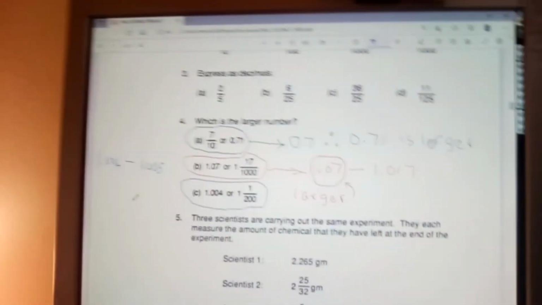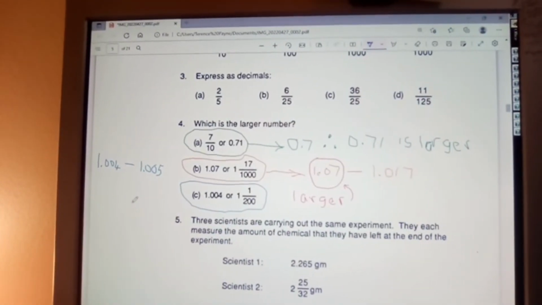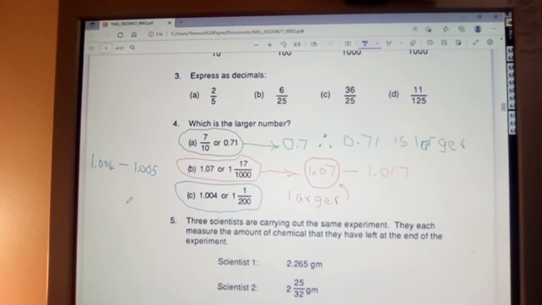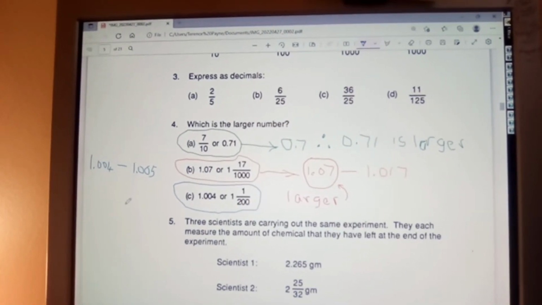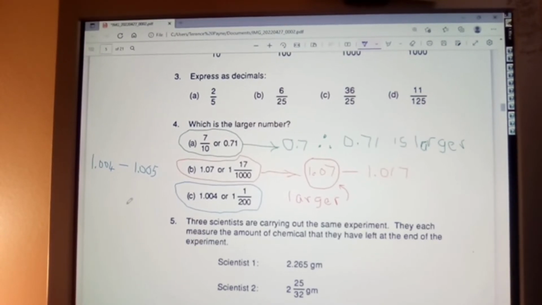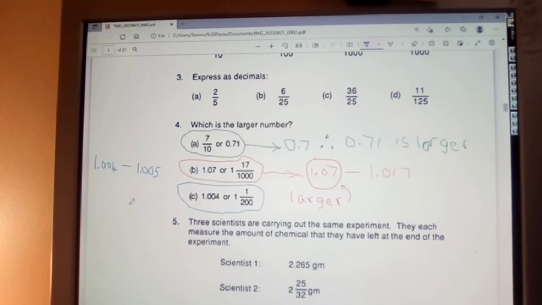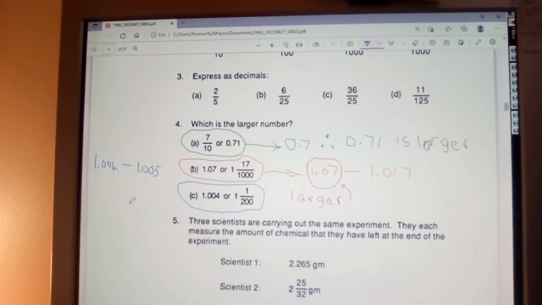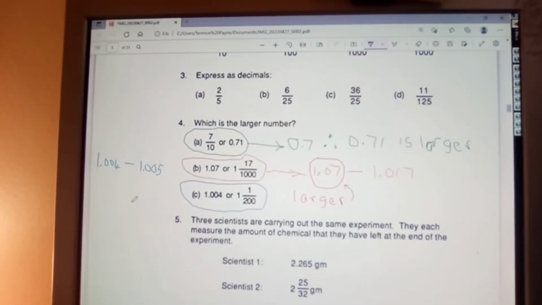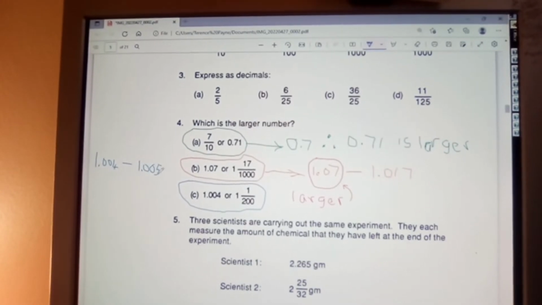So the question then is, is 1.004 larger than 1.005? And the answer to that is yes. 1.004 is larger than 1.005. 1.005 is going smaller. Okay.